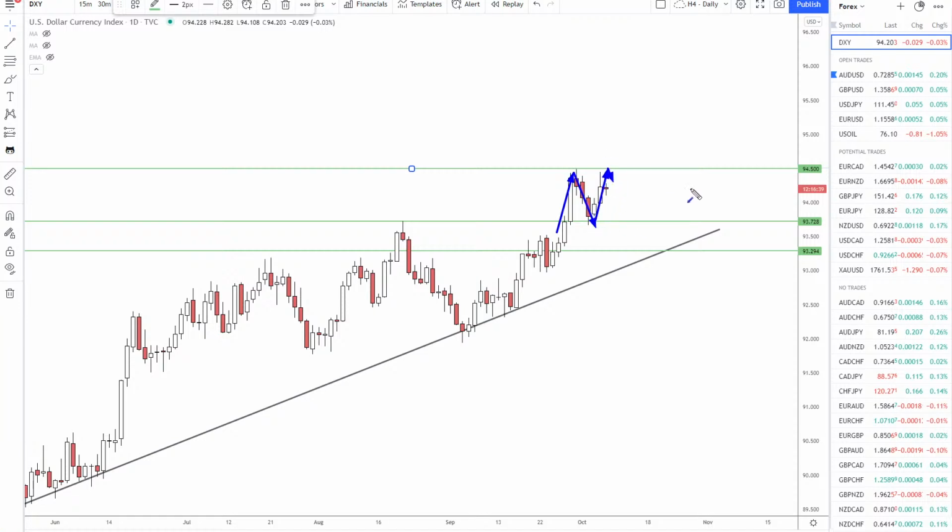Don't get me wrong, I know a range needs, because these are my rules, two bounces from the top, two bounces from the bottom. So it's not technically a range yet, but it's stuck between two support resistance areas. It's already showing weakness at the top here, and it looks like it could be getting trapped in a range.